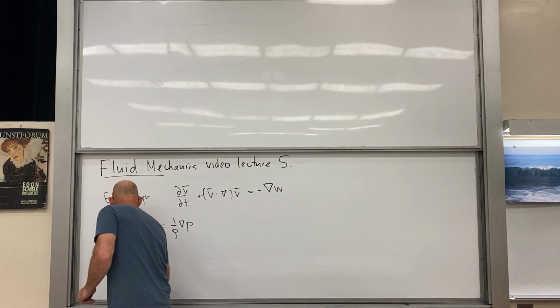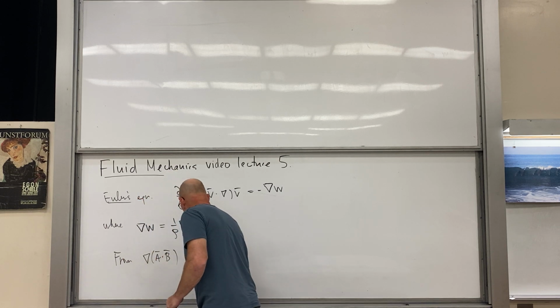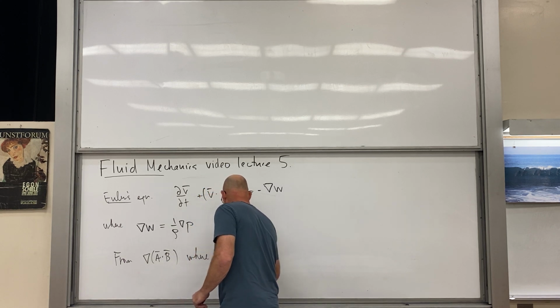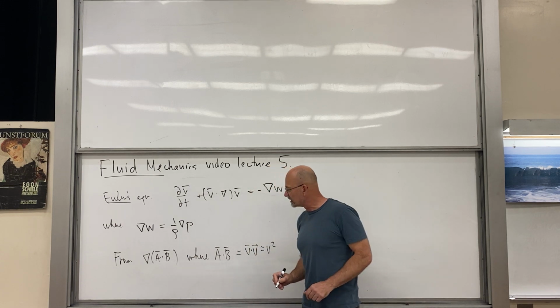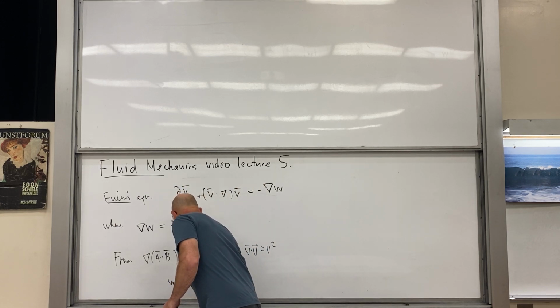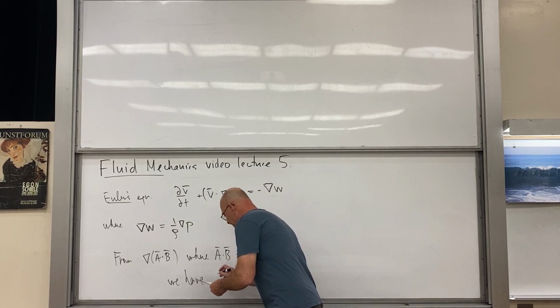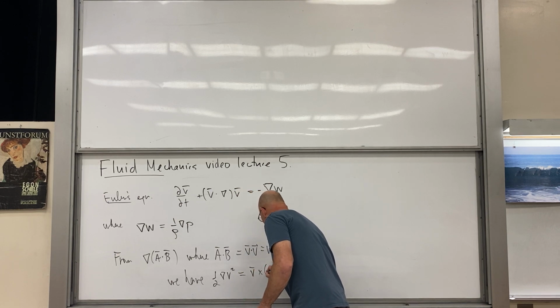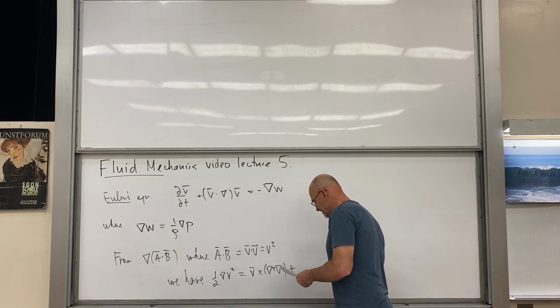So from the gradient of A dot B, where A dot B we're going to take as v dot v, which is of course v squared, we end up with 1/2 gradient of v squared equals v cross the curl of v plus, minus, no, where are we?